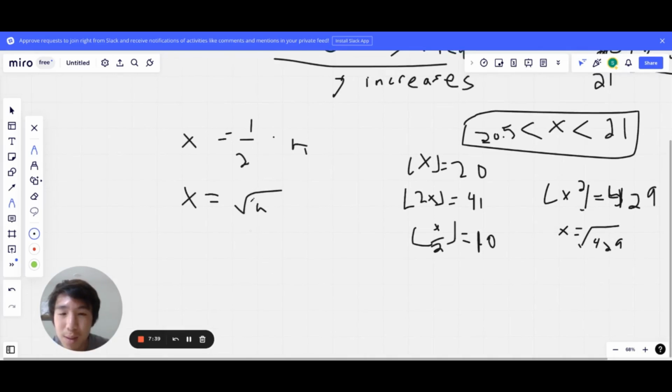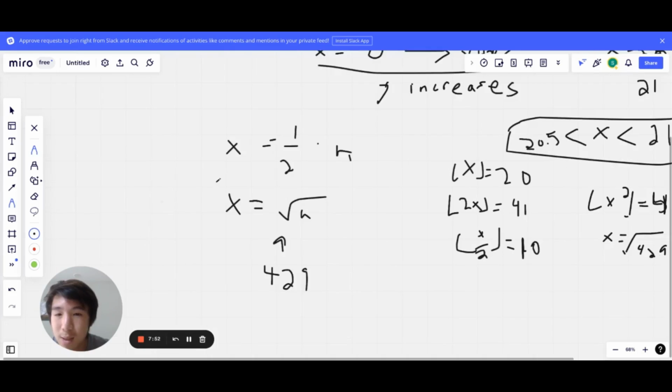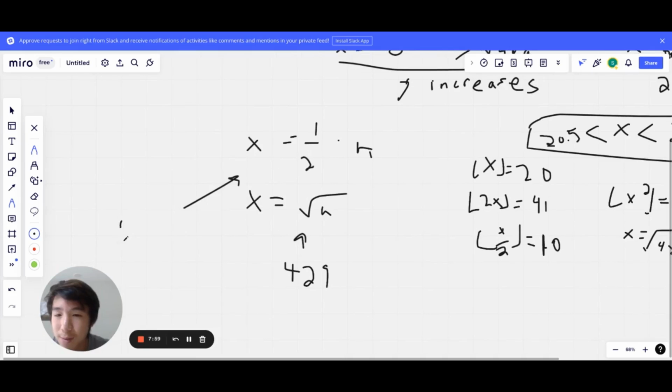So what we do is we'll count this first. When x increases from 0 to root 429, it's pretty obvious that there will be 429 increases. And then we take all the multiples of 1/2, except we will get rid of integers. So we're only counting 1/2, 3/2, and so on.